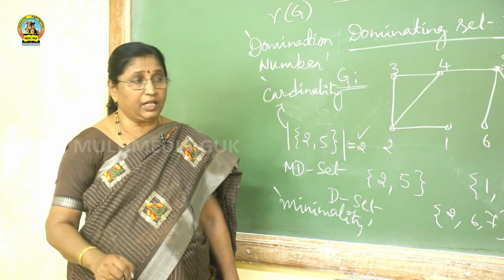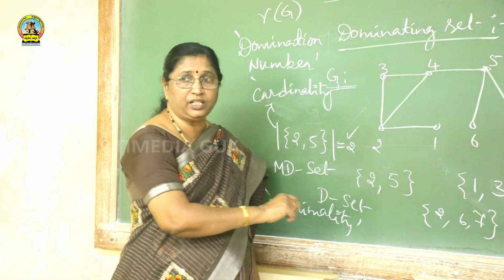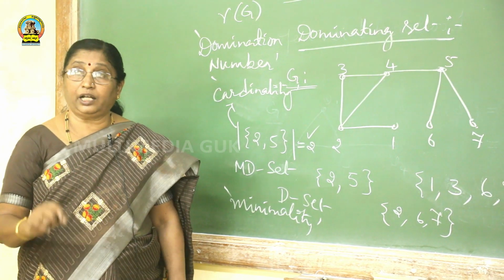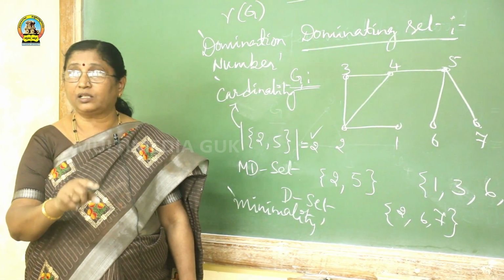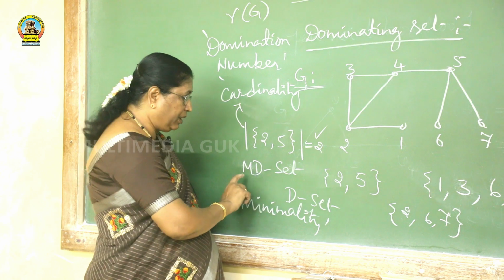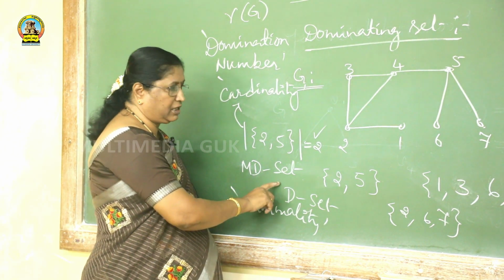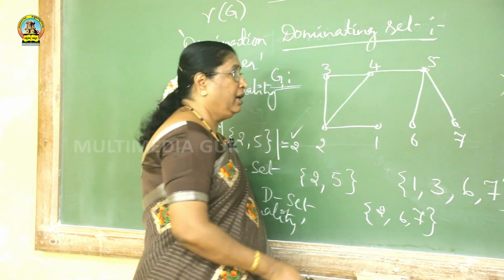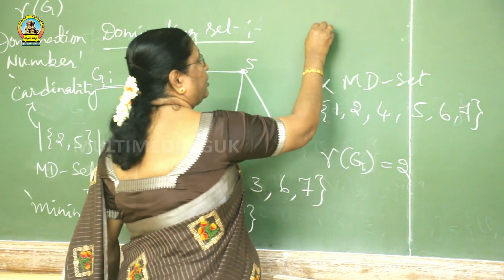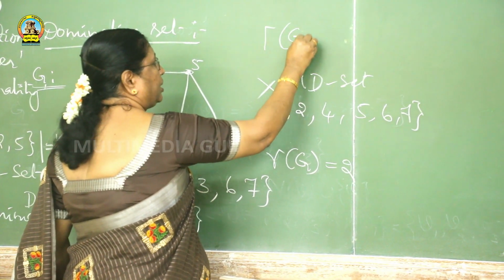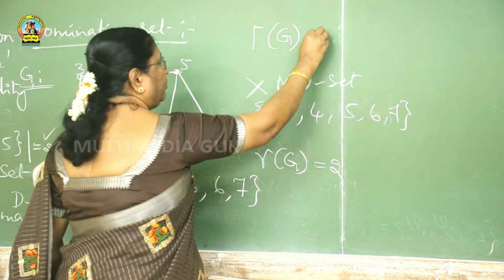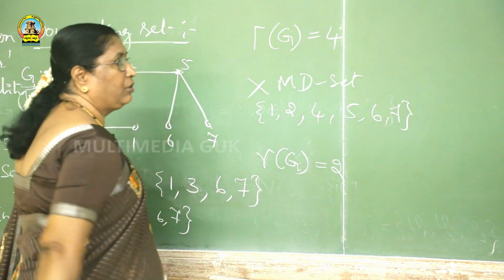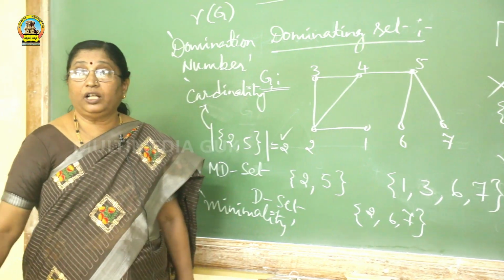Now, you have also seen the cardinality of other minimal dominating sets. With reference here you have 4. 4 is the maximum number of the cardinality among the minimal dominating sets, and that will be called the upper domination number. We use capital gamma of G. With this you have 4.